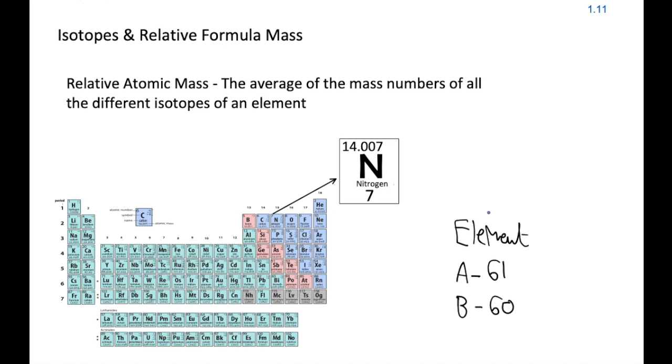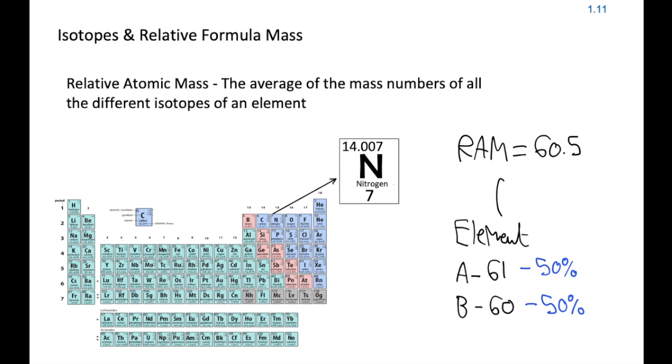Now let's say these are the only two isotopes that exist for this element, and they both occur equally in nature. If this was the case, which is quite unrealistic, but it's just an example after all, we would have a relative atomic mass of 60.5, exactly halfway in between both of them.